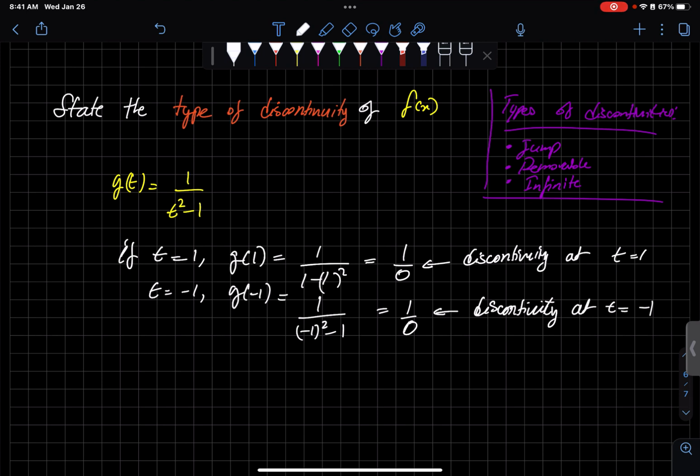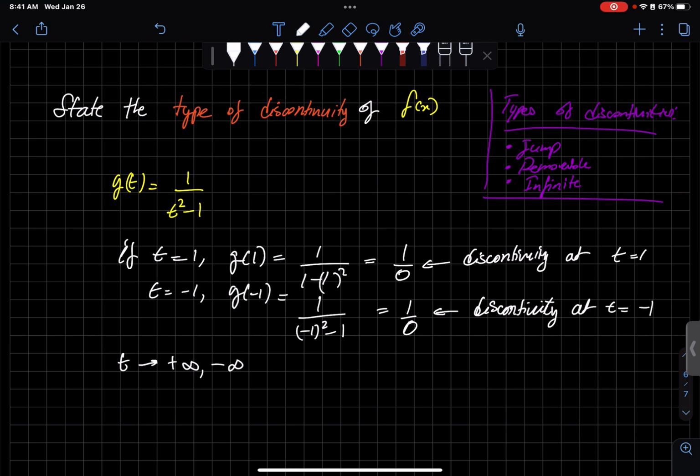And furthermore, we could also look at what happens as t approaches positive infinity and negative infinity.